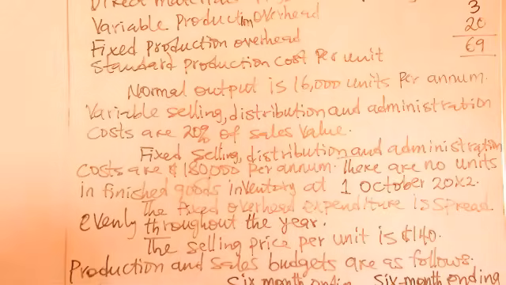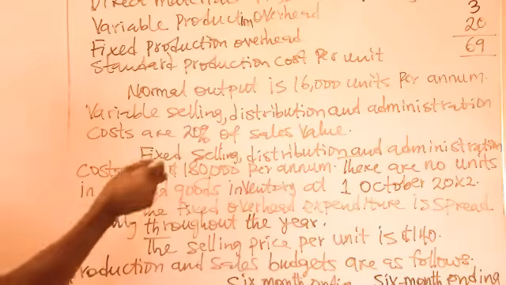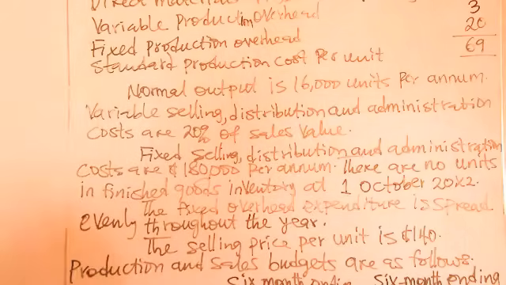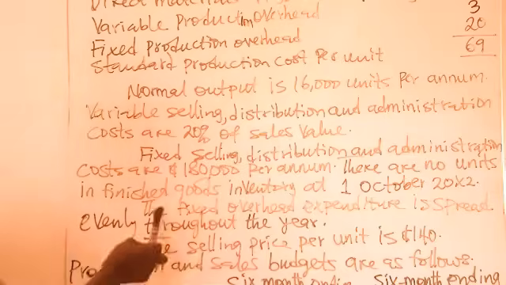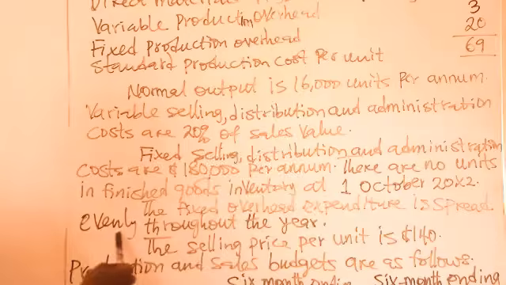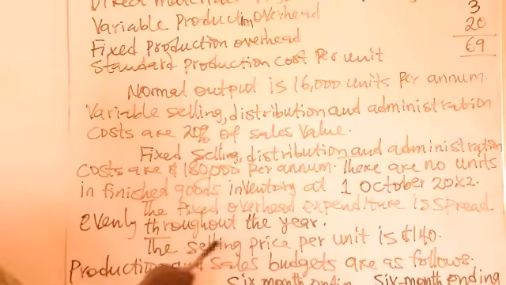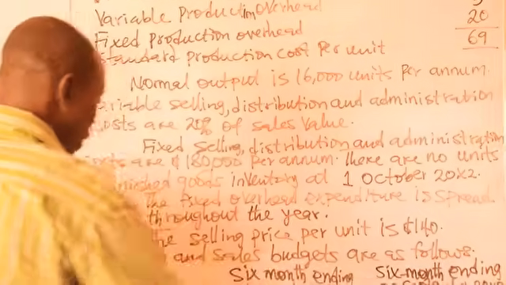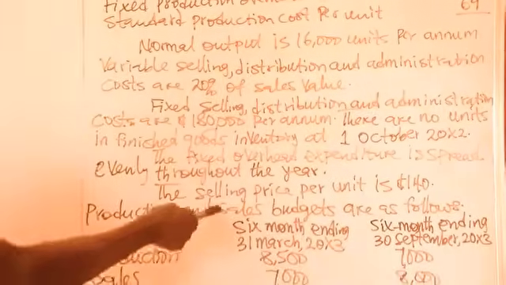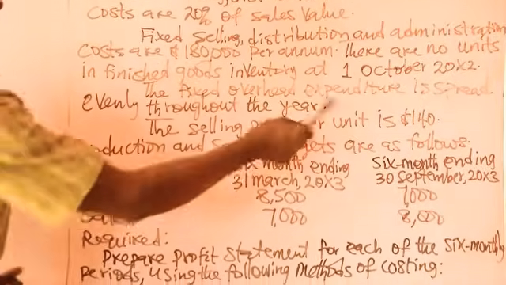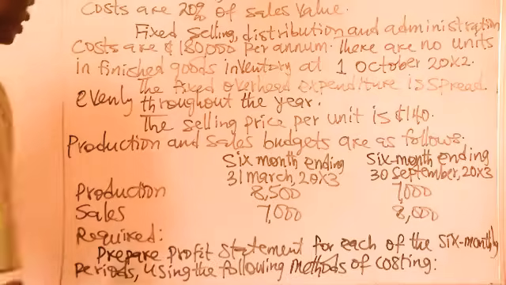There are no units in finished goods inventory at 1st of October 2022. The fixed overhead expenditure is spread evenly throughout the year. The selling price per unit is $140. Production and sales budgets are as follows: 6 months ending 31st March 2023 and 6 months ending 30th of September 2023.